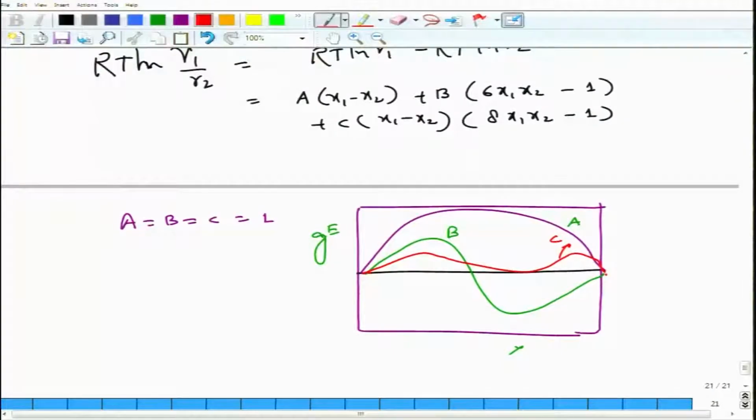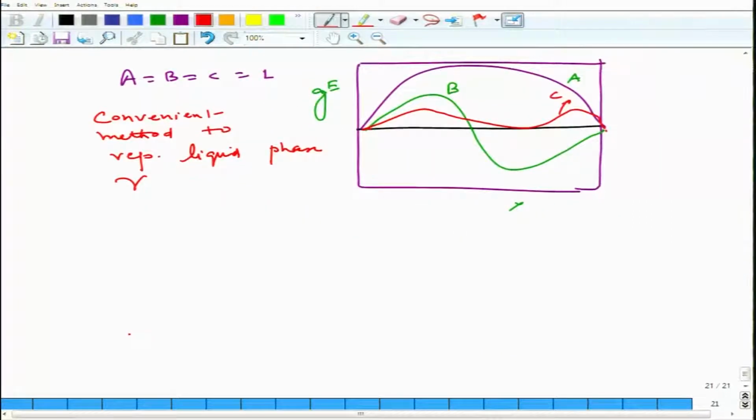Now, as far as Redlich-Kister is concerned, it's a convenient method to represent the liquid phase gamma.